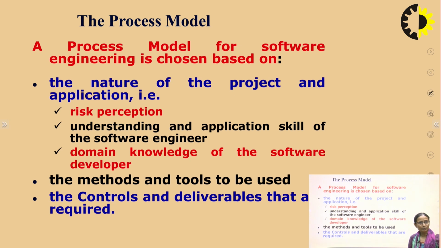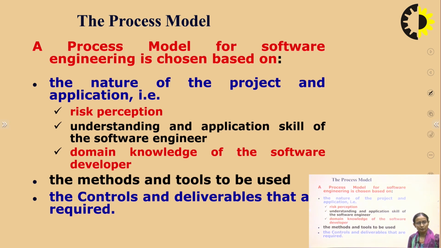Then comes the domain knowledge of the software developer. The methods and tools to be used also play a major role when you decide what kind of process model you will use for developing a software product. Then the controls and deliverables that are required, that is, what intermediary products you require when you are developing the software project.